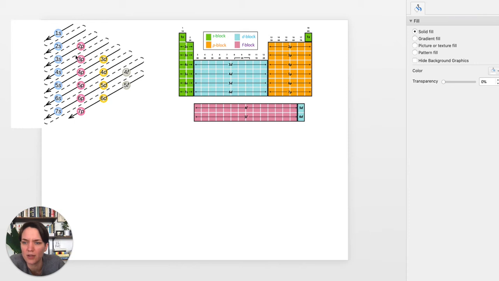So you're just tracing the line like I'm doing with my mouse right now. I find it to be a really helpful visual explanation of what we're doing here, because we're going to see things get kind of tricky once you start going into d orbitals and f orbitals. So let's just go ahead and do a couple more simple ones.